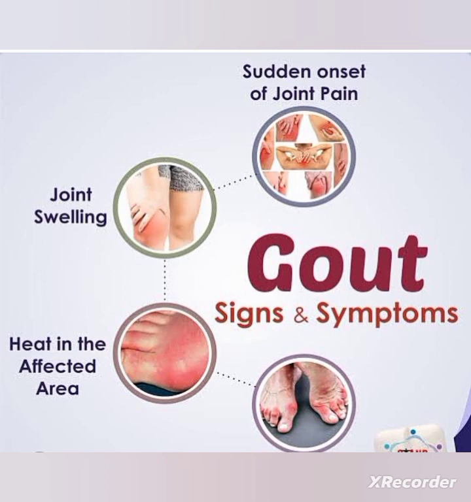Affected joints may appear dusky or cyanotic. Usually, the symptoms start with podagra, that is inflammation of the great toe, which is the most common initial problem, and the mid-tarsal area of the foot, ankle, knee and wrist can also be affected.